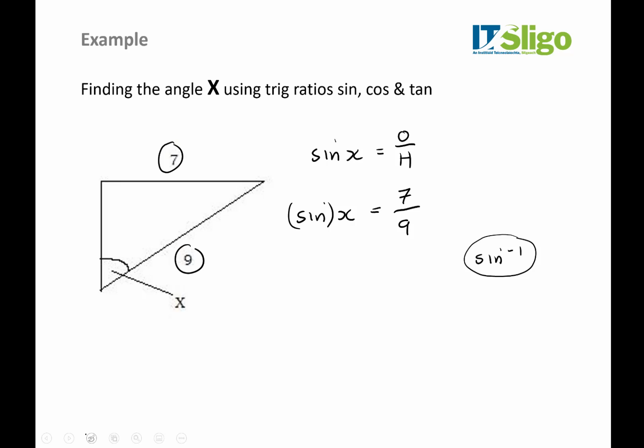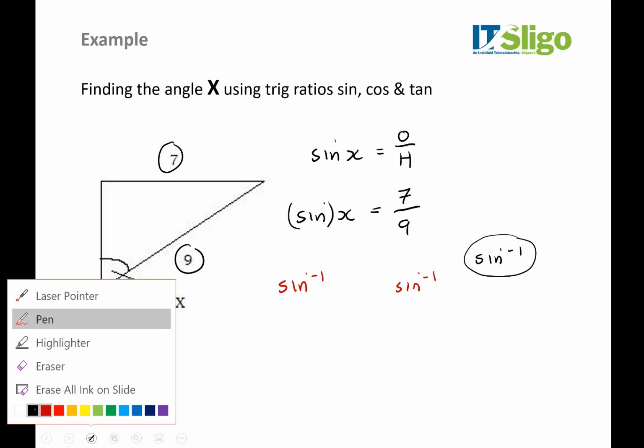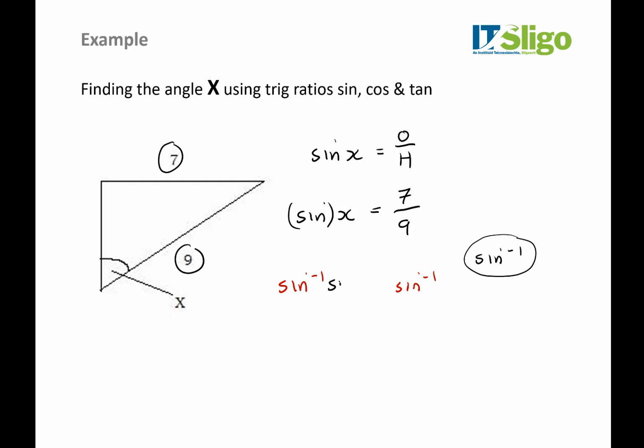So just real briefly, I'll write it out once or twice so you get used to it. What I do is I get the inverse sine of both sides. And then we have sine x, and that's equal to 7 over 9. So now on the left, I have the inverse sine of sine.